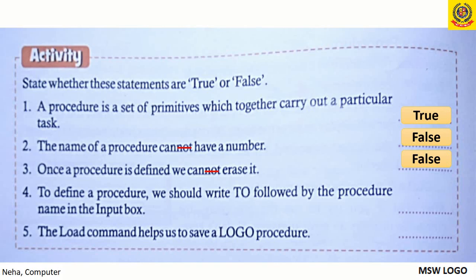False, we can erase it. Fourth, to define a procedure, we should write TO followed by the procedure name in the input box. True. Fifth, the load command helps us to save a Logo procedure. It is false. We can load a Logo procedure with the help of the load command.